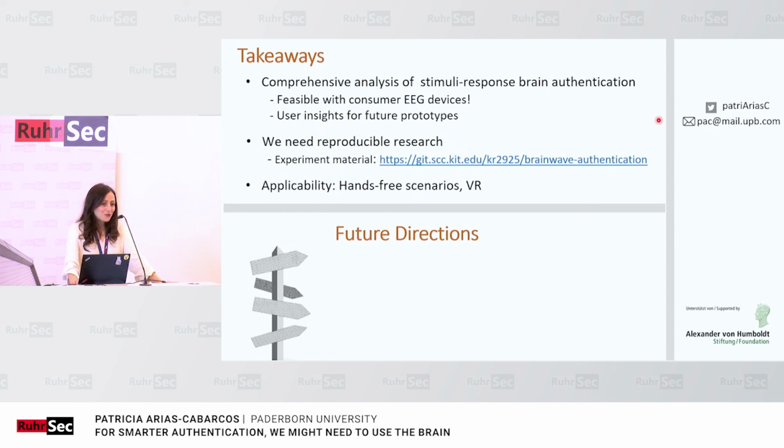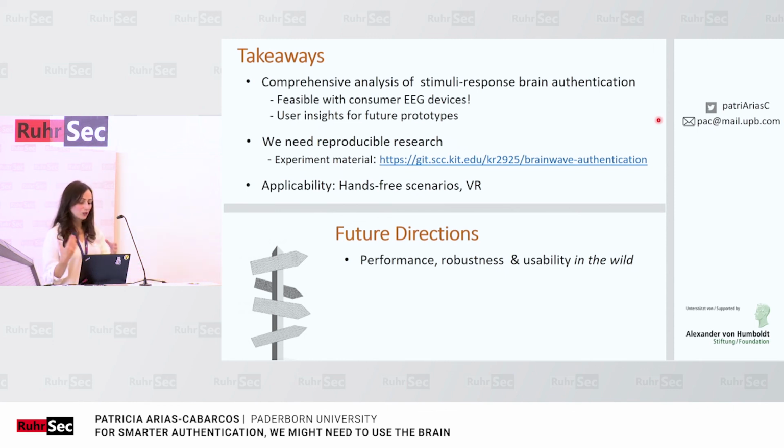Future directions, where to move from here? Well, we are working on improving the performance, how to get lower false acceptance, and then testing robustness. How will this system work in different sessions? Will it be stable?